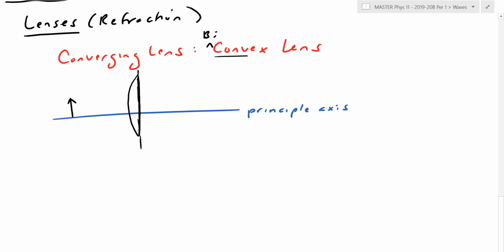Just to dramatize the effect though, usually we do a convex on both sides. We do a curve on that side and a curve on this side. Technically speaking, the curve can be different. The curvature on one side can be different from the other one. They play around with that for glasses. Again, for simplicity here, we're going to pretend that they're the same on both sides. It's biconvex because you have two. Realistically, what's going to happen is the light rays, I'm going to draw a ray diagram in a second here.